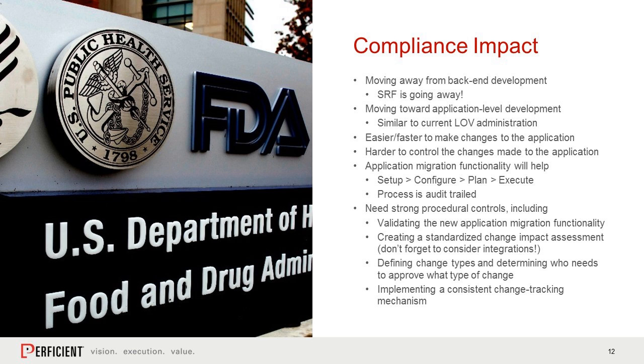These are some of the procedural controls that we can put in place. Again, since more of the application can be configured via this sort of administration of the system, these process controls will need to be defined clearly to manage these changes and to ensure compliance.